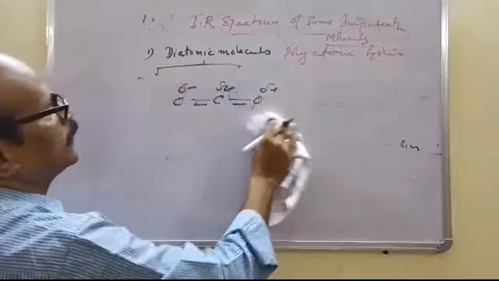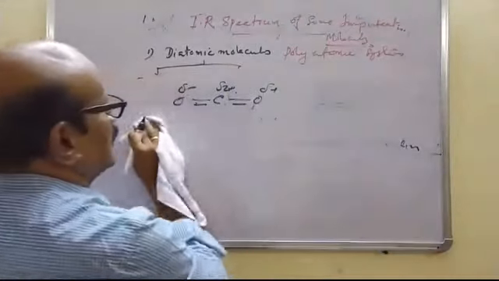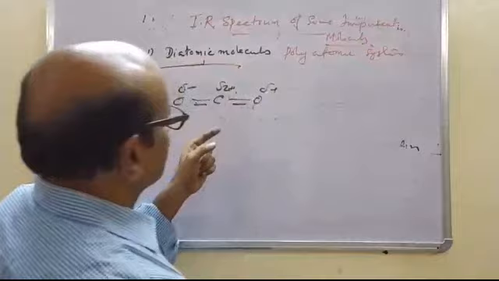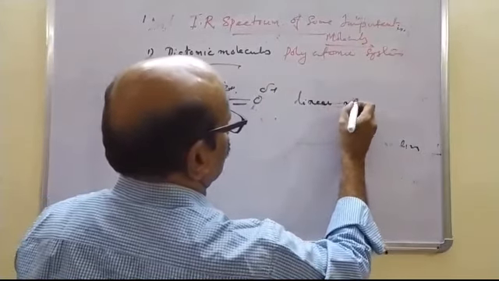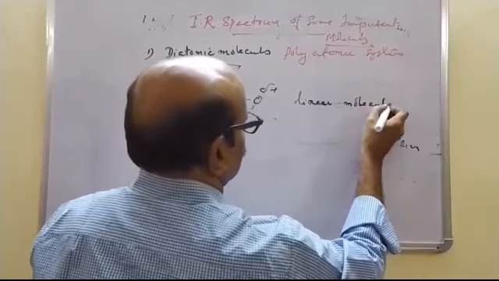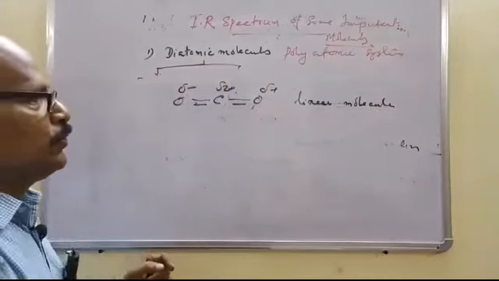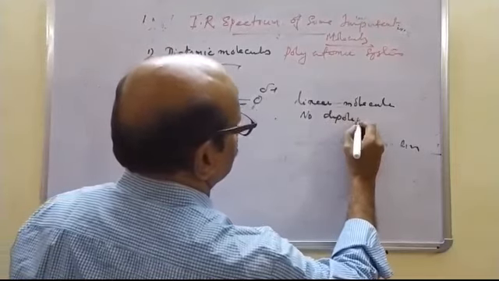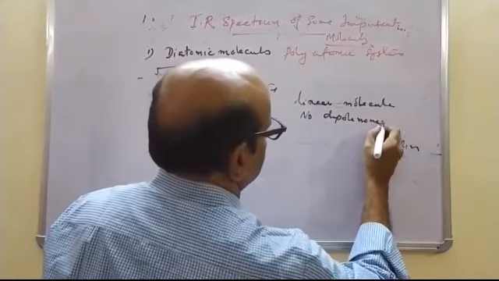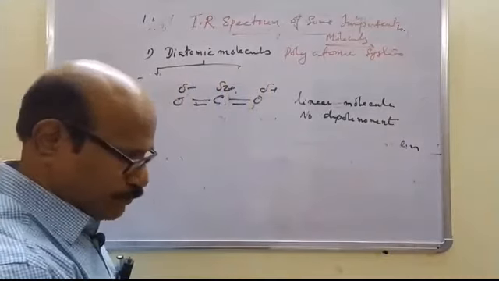So in the case of polyatomic systems, for example carbon dioxide is a linear molecule. So there's no net dipole moment.